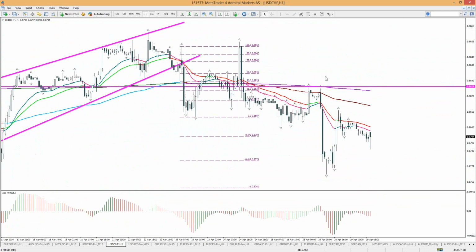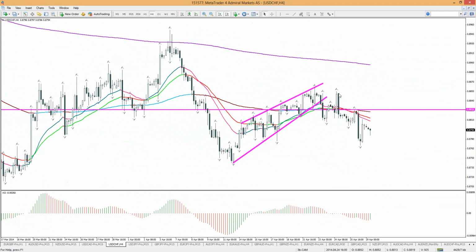This is the dollar Swiss. Well, the moving averages are saying downtrend, but boy oh boy, this was choppy too. And well, this doesn't seem that attractive to me.